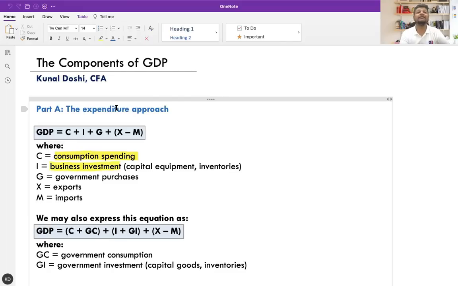G is for government purchases. Even the government buys, right? Now, government does actually spend. What does government exactly spend for? Let's say government is doing some spending. Why does it do that? What exactly does it do that for? To boost the economy. No, but where? Like subsidies. Yeah. Subsidies, for example.